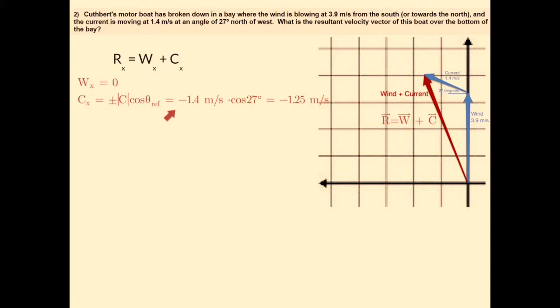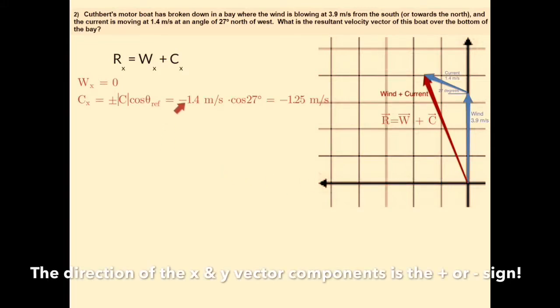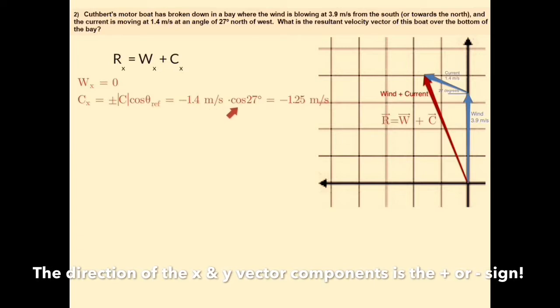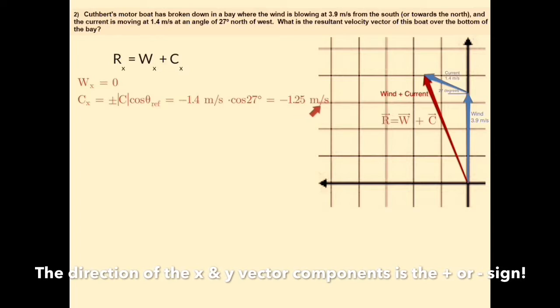Substituting, we see that the x component of the current vector is negative. It's parallel to the negative x-axis. So we have minus 1.4 meters per second times the cosine of 27 degrees, which is minus 1.25 meters per second.